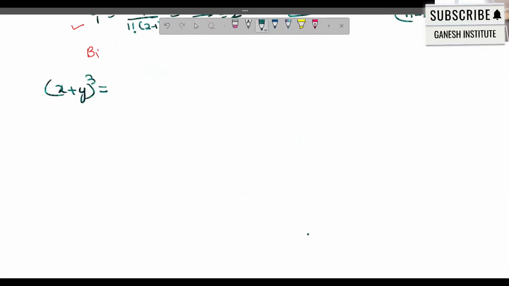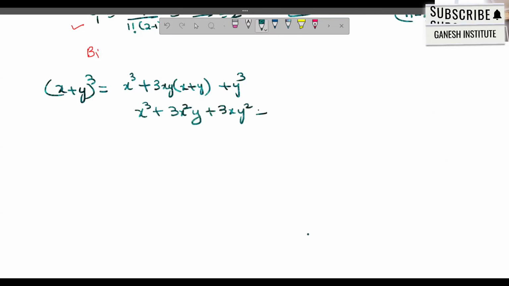Do you remember? x plus y the whole cube, a cube plus b cube, plus 3ab into a plus b. So you can say this is the expanded form. It is x cube plus y cube plus 3ab, so that's 3 x square y plus 3 y square x.